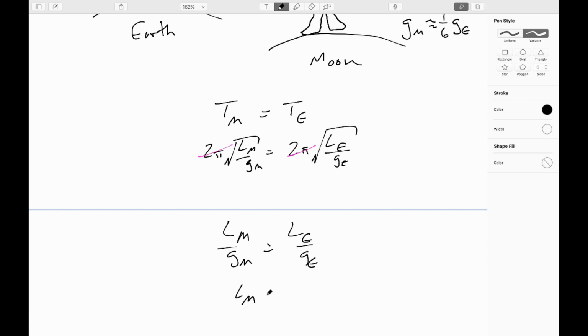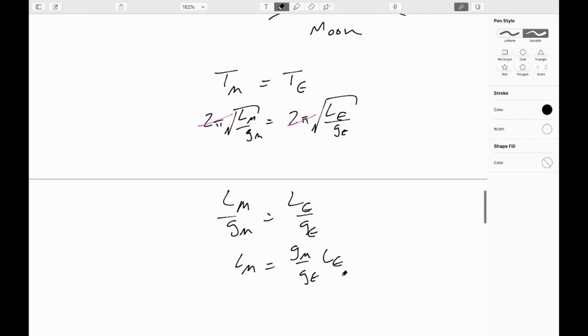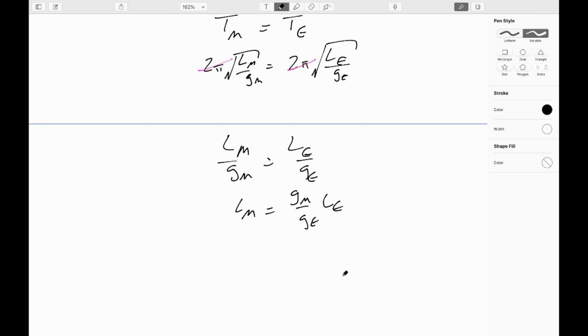So the length on the moon will be the ratio of g moon to g Earth times the length of the pendulum on the Earth. But we said that the gravitational field strength on the moon is 1/6 that on the Earth.